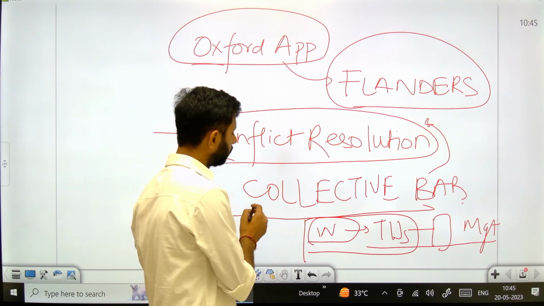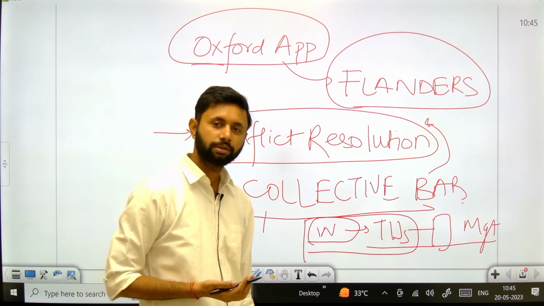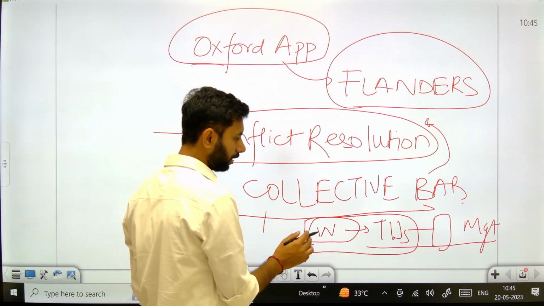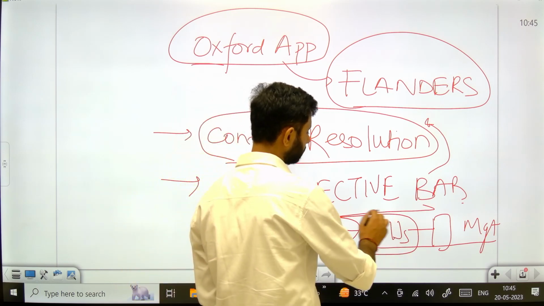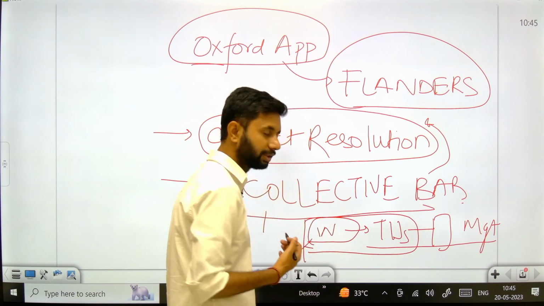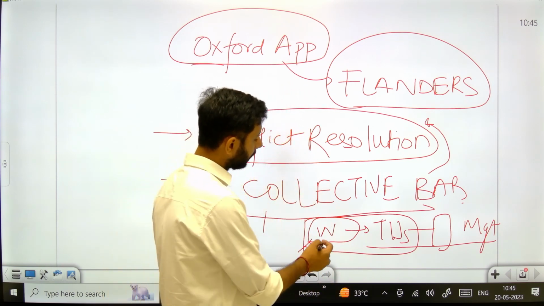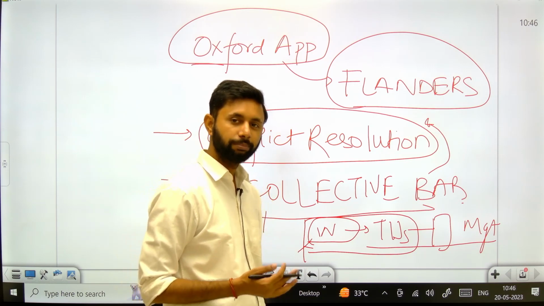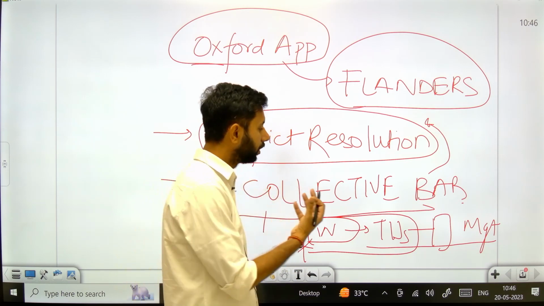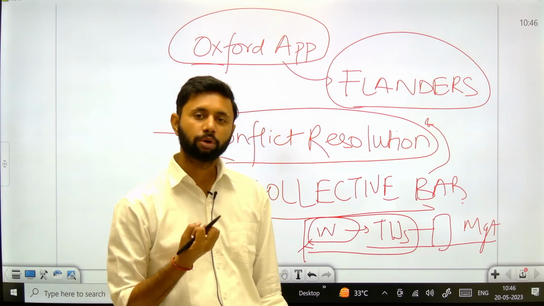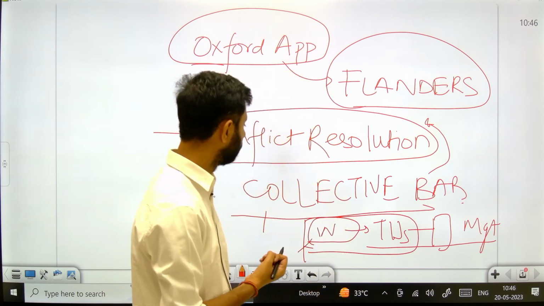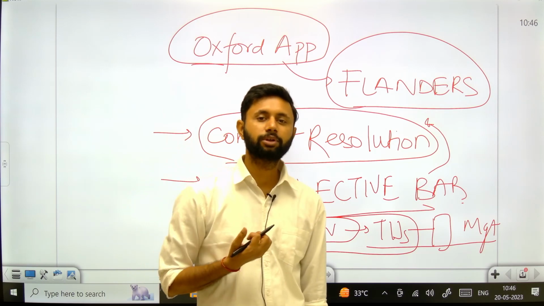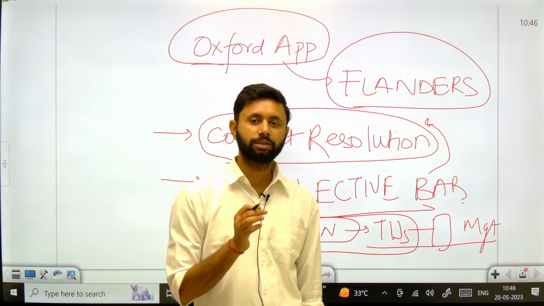Okay, collective bargaining, this is a new chapter. We'll talk about this in this series only. However, right now you just take a glimpse that it is a collective representation of workers that provides an opportunity for workers to present their demands to management. Because it is a collective unit, their demands get more weightage. However, if one worker had gone to management, the management would have rejected his demands because you're only a minority.